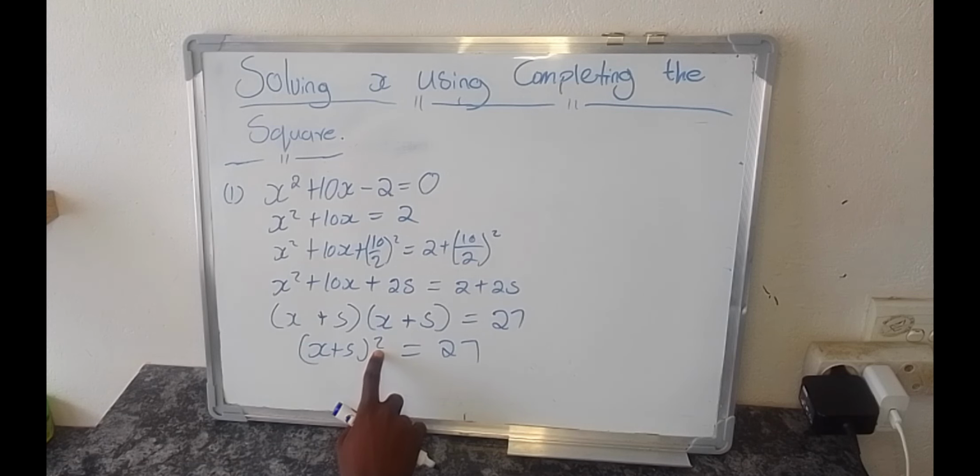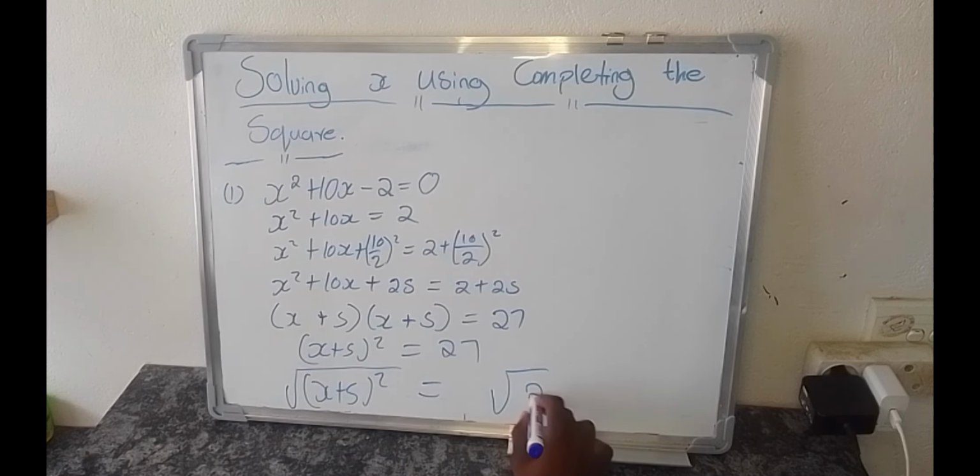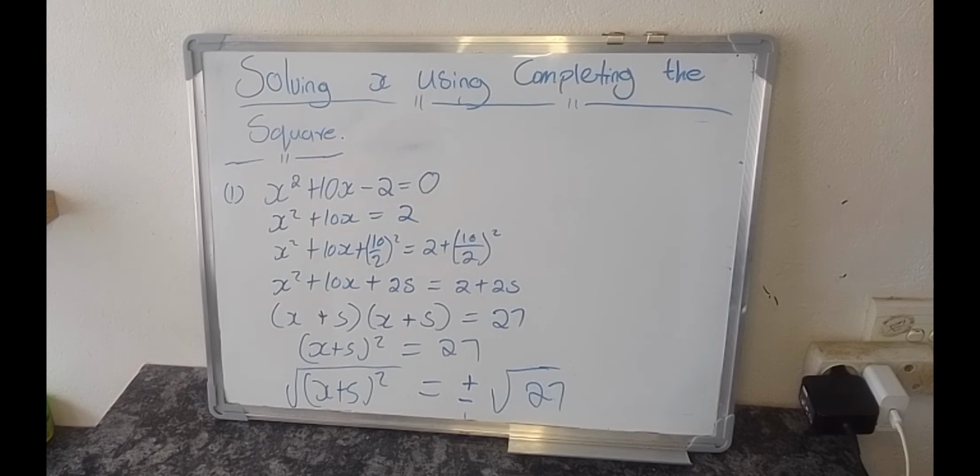And how are we going to kill this? We are going to introduce the square root on both sides. So we are going to have the square root of x plus 5 squared is equal to the square root of 27. And at this side, when you introduce the square root, you have to introduce it with the signs, both negative and positive.